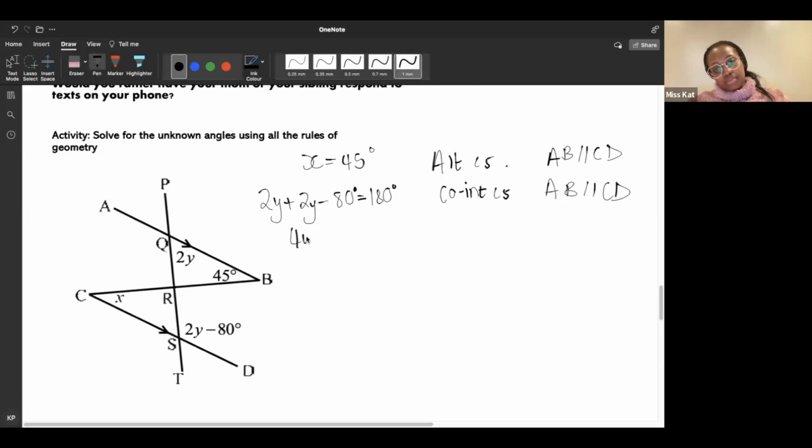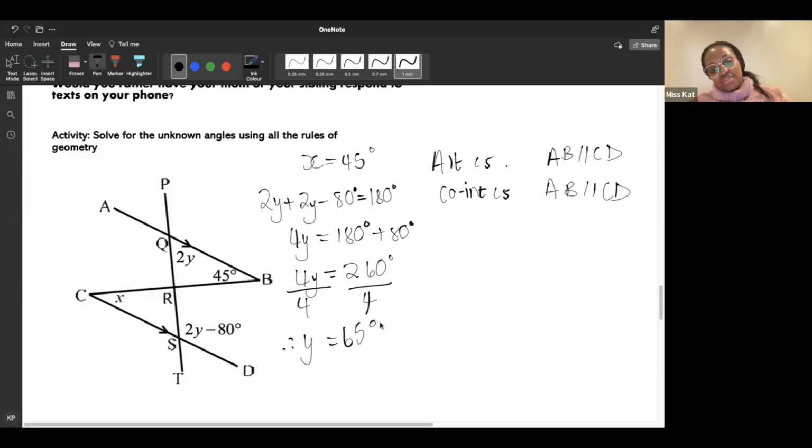So 4y equals 180 plus 80, and that's equal to 260. 4y is 260, and then y is equal to 65 degrees, because we're going to divide by 4. Therefore, y is 65.